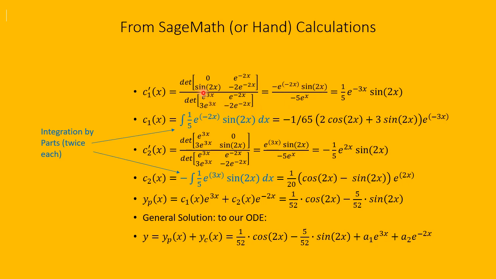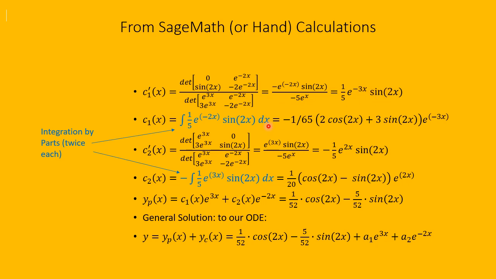Down here, the product of the main diagonal terms is minus 2e to the x. Then we subtract off the product of the secondary diagonal elements, which is 3e to the x. And those result in a denominator of minus 5e to the x, which we can simplify a little bit to get this. So c1 of x is c1 prime integrated.